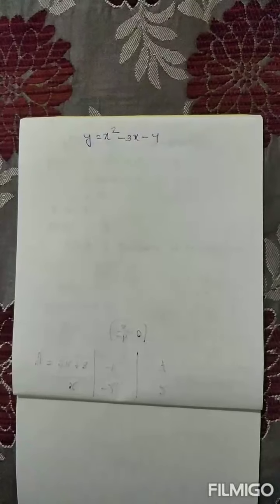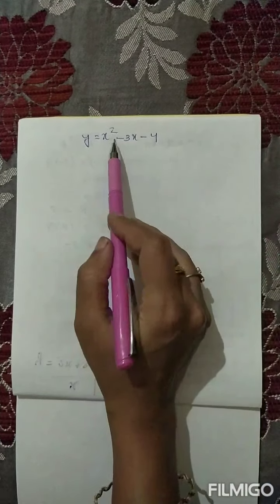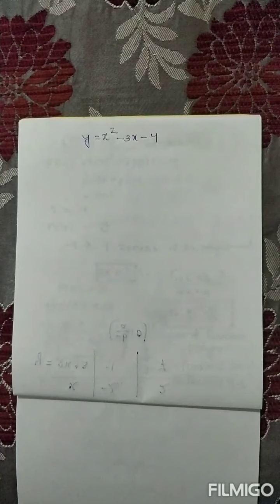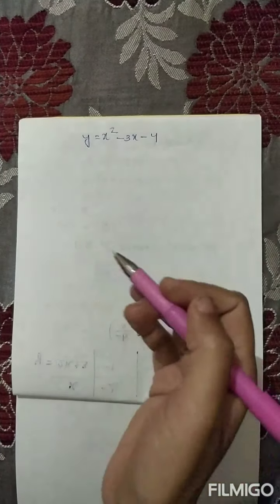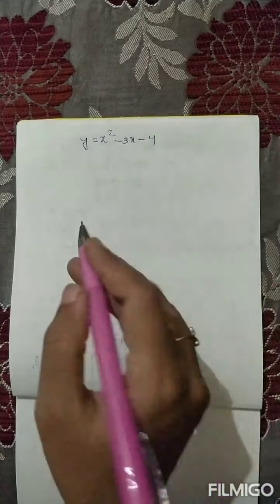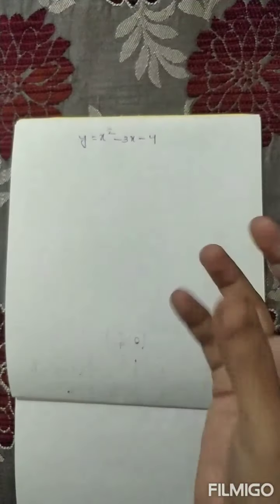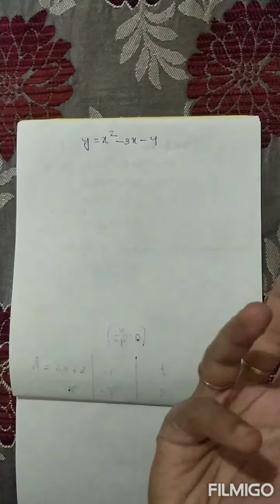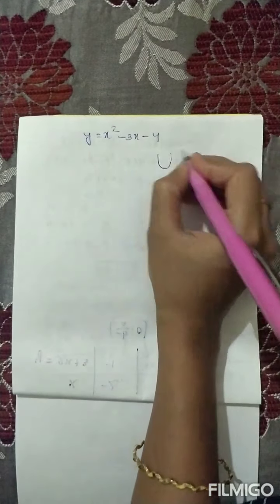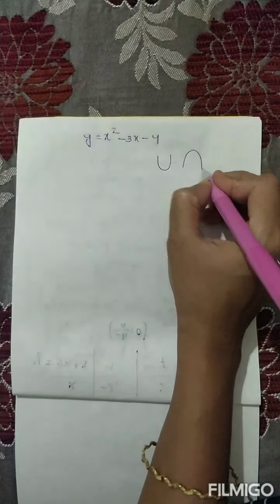Clear? So this is not the structure of only this polynomial. This is mainly the structure of every quadratic equation. It may vary from equation to equation, but the shape is like that. That means either the shape is like this or the shape is like this.